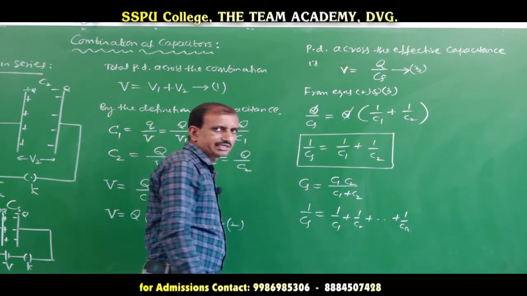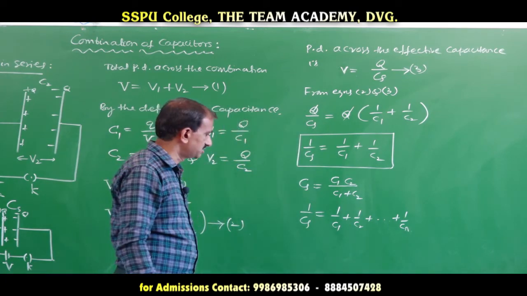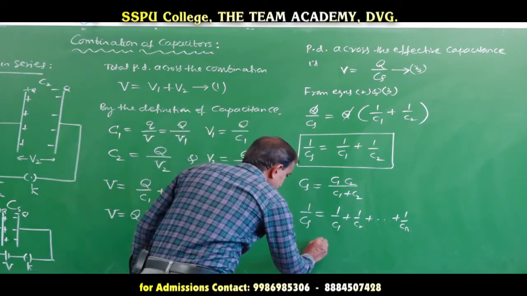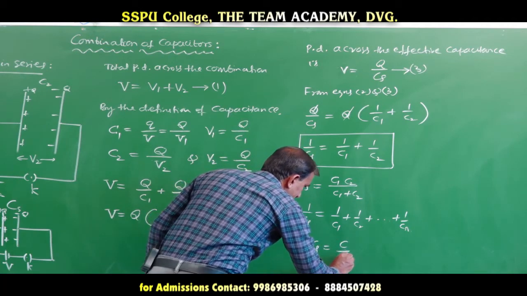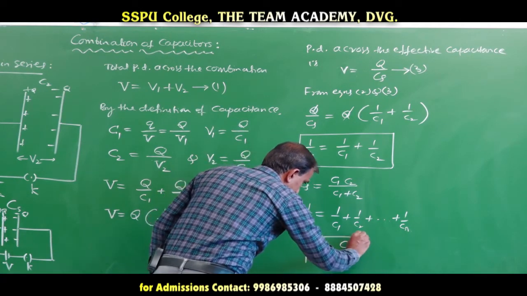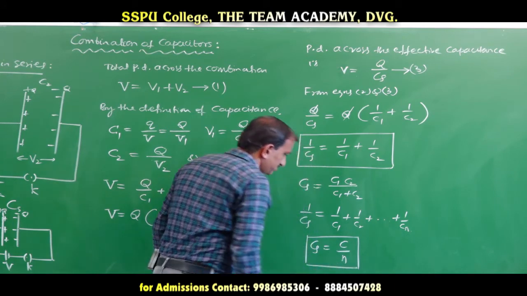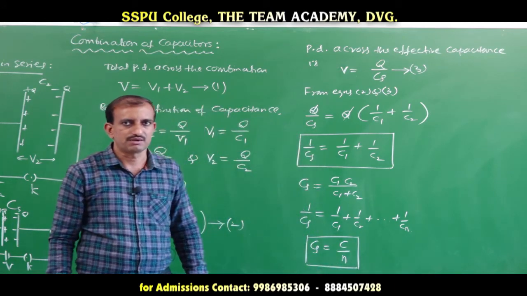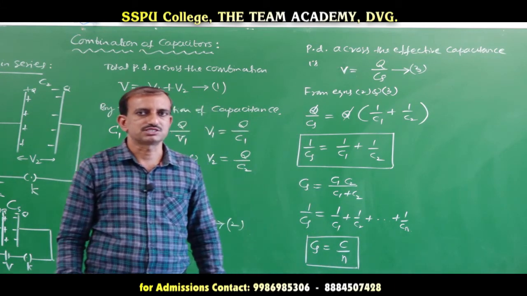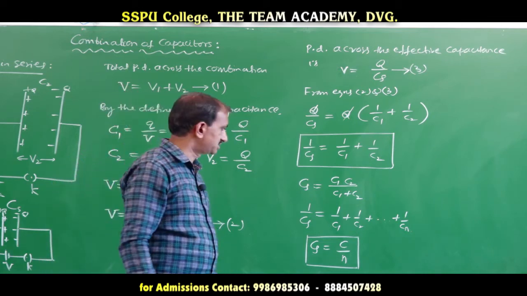If C1, C2, C3 and so on are each equal to C, then Cs equal to C by n. So this is the effective capacitance of n capacitors, each of capacitance C, connected in series.